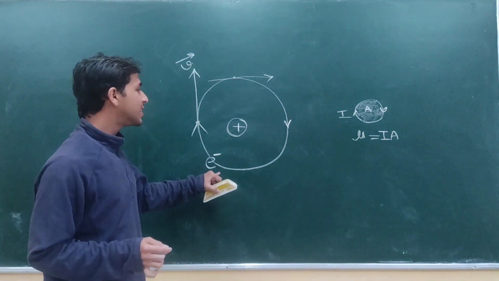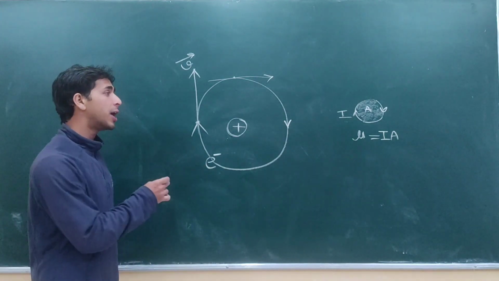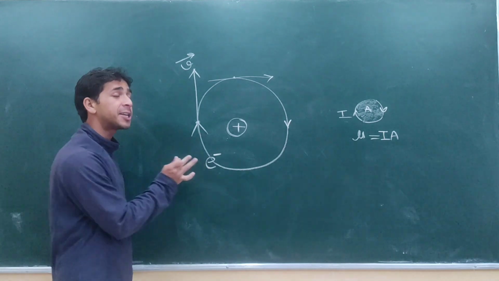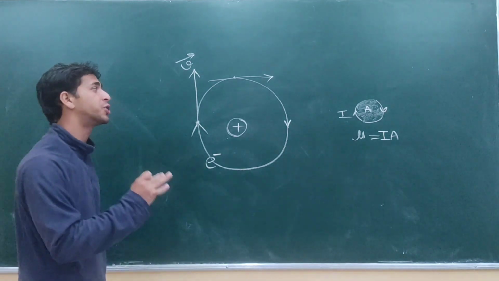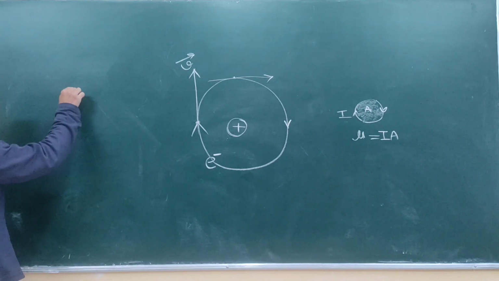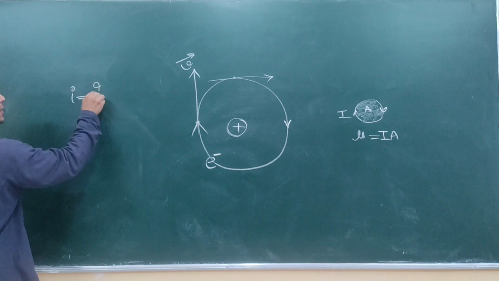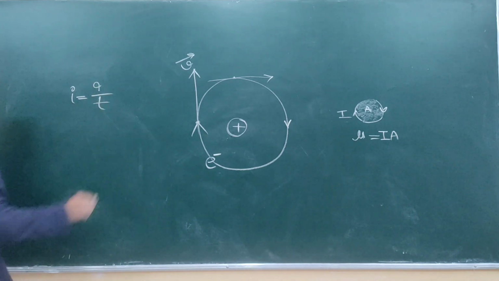That's why, to calculate the created magnetic dipole moment, we have to calculate the current created by this electron first. You all know the formula to calculate current is equal to charge divided by time.